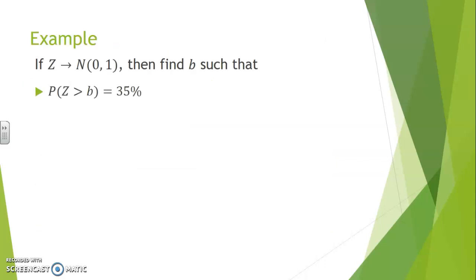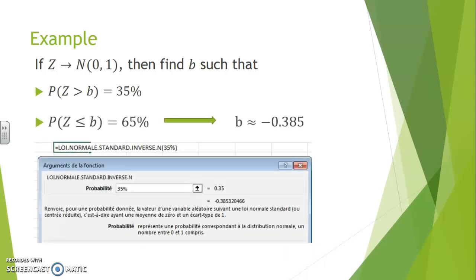If you wish to find the value right of which 35% of the area is found, once again, you will have to convert this into an amount of area left of a certain bound. So, left of b should contain 65% of the area, and the inverse standard law will give you the value for b corresponding to this probability.